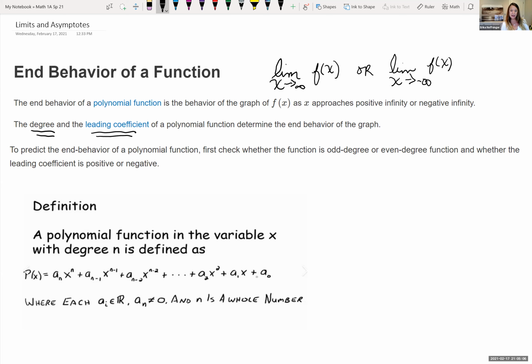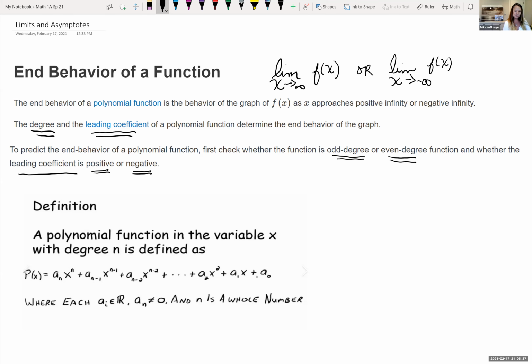By looking at the degree and the leading coefficient, there's 4 different possibilities that will tell us what's going on with the end behaviors of our function. So to predict the end behaviors of a polynomial function, first check whether the function is an odd degree or an even degree, and whether the leading coefficient is positive or negative.